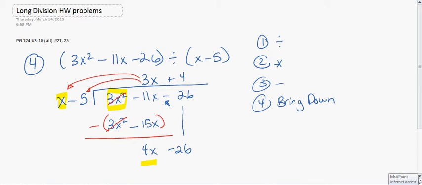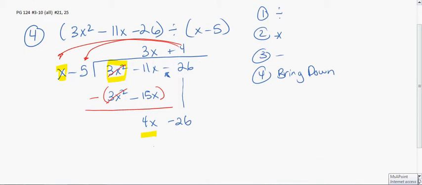Done with dividing. Step 2 is to multiply. Now I'm going to be multiplying the 4 times both those terms. So 4 times the x, and then the 4 times the negative 5. 4 times x is 4x. 4 times negative 5 is negative 20. Multiplication done.